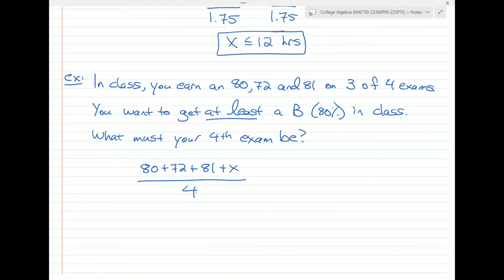We want to get a B. At least a B. All right, so this has to be greater than or equal to. What's a B? What is a B? Well, in the alphabet, it comes after A, right? In this particular problem, I mean an 80%, right? So I wrote that in the problem, an 80%. So what are we going to put on the other side of the inequality?